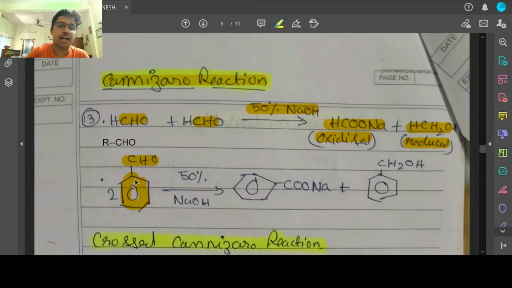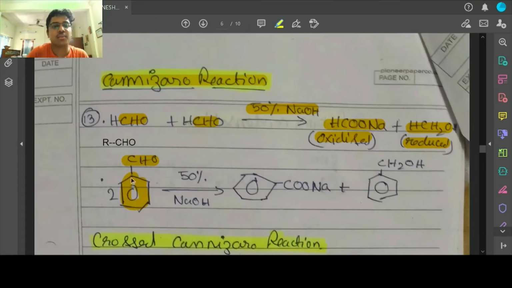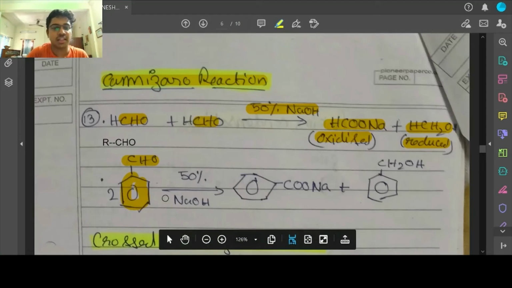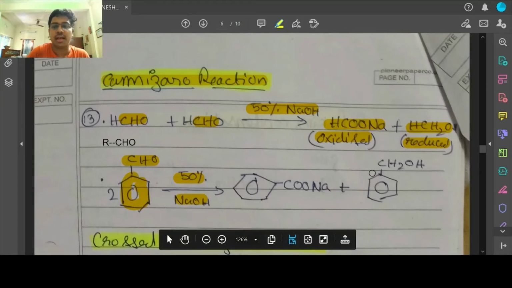Here R is a benzene ring. So with 50% NaOH, you need to distinguish between Cannizzaro and aldol. Benzene CHO gives benzene COONa and benzene CH2OH.